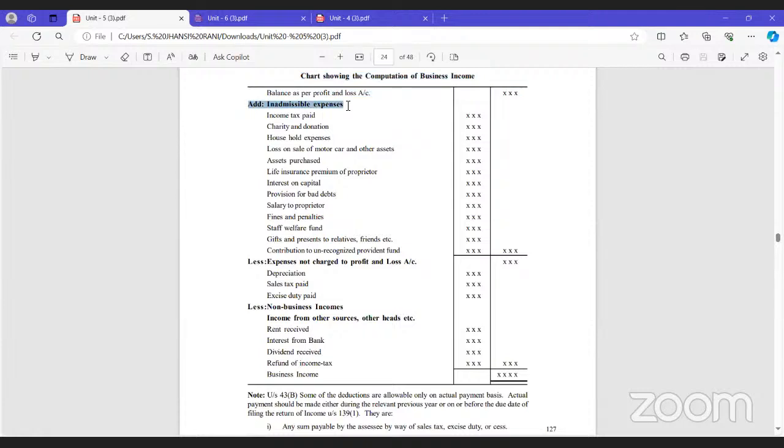Inadmissible expenses are clearly not related to the business, and non-business incomes are also not related to the business. That way, expenses will be added back and incomes will be deducted. And whatever expenses are not written in the profit and loss account will now be written back.